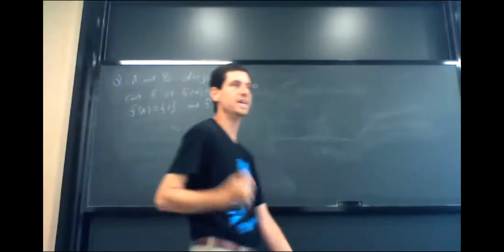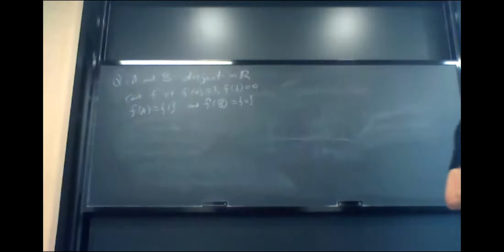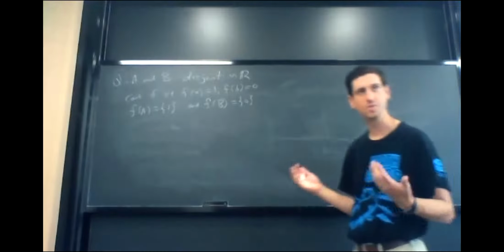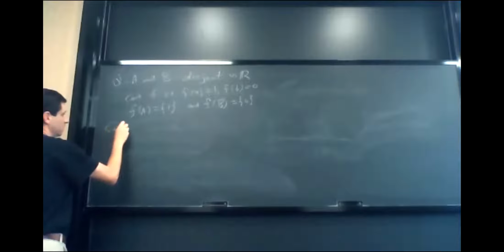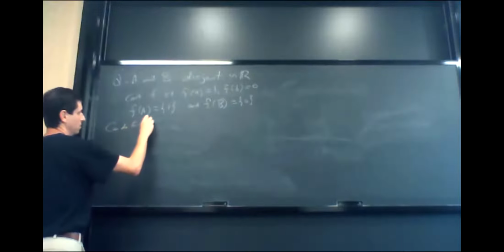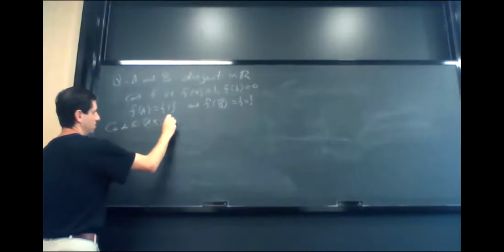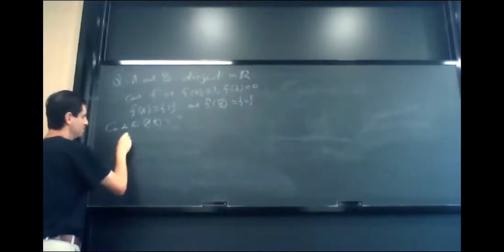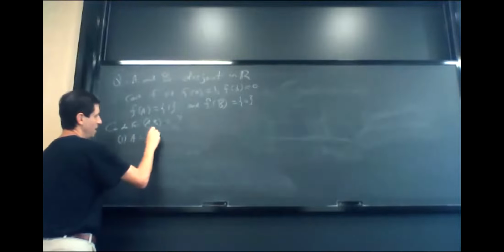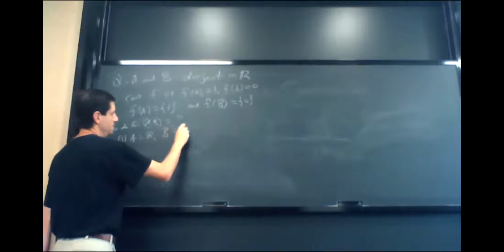So the first question is, is this sometimes possible? And then the next question, is it always possible? So can you give me a pair of A and B where you can do this? If A is R and B is the empty set. Okay, so one possibility is A is R and B is the empty set.